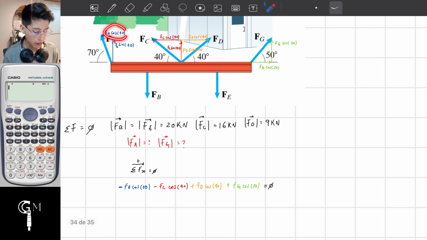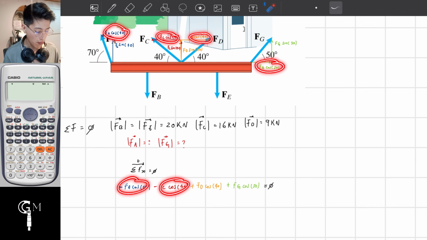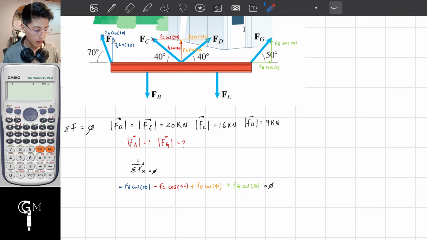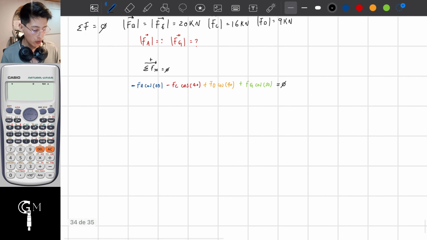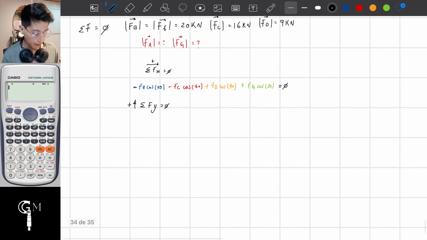Notice that I've used the same colors right here. Now, we have one equation. We need the other one, which is given by the summatory of forces along the y-axis, first and last name.